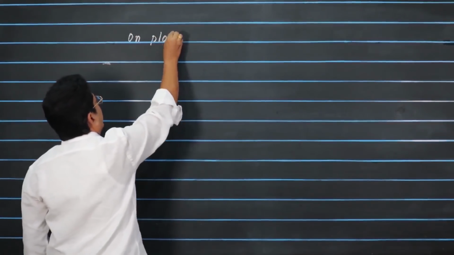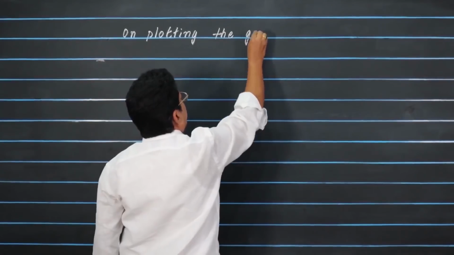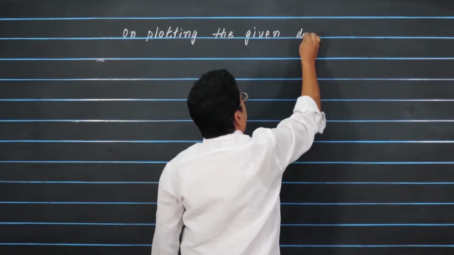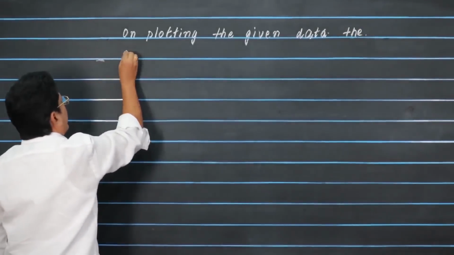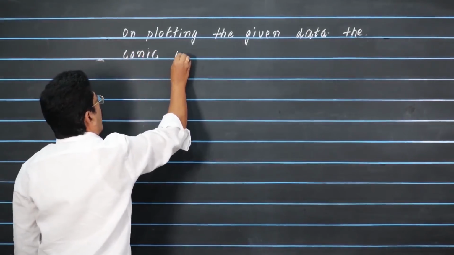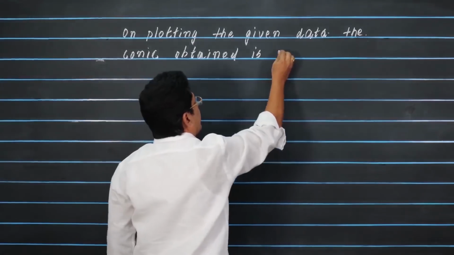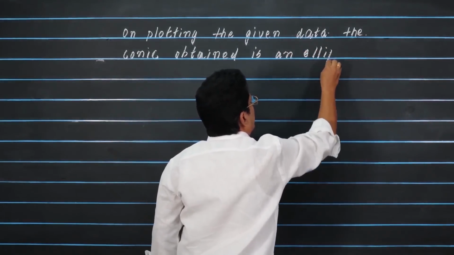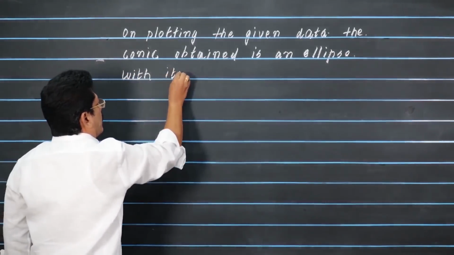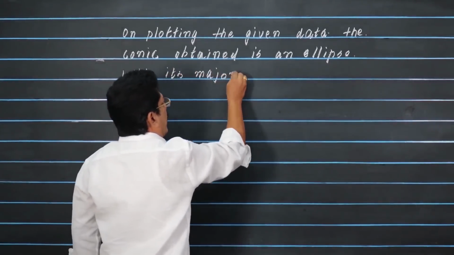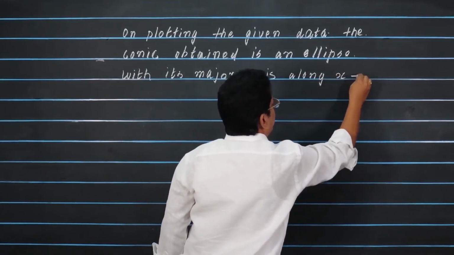On plotting the given data, the conic obtained is an ellipse with its major axis along x-axis.